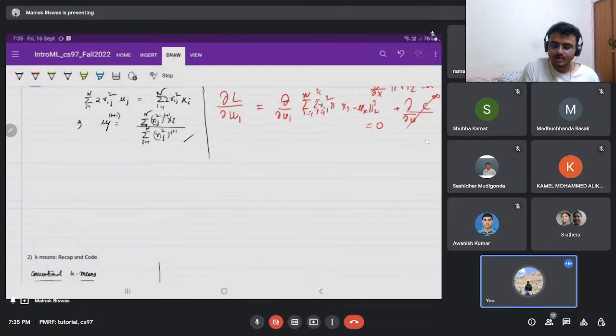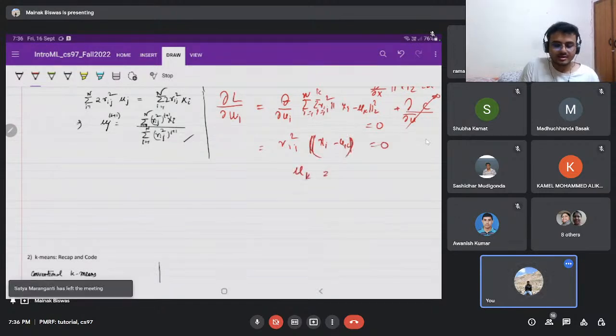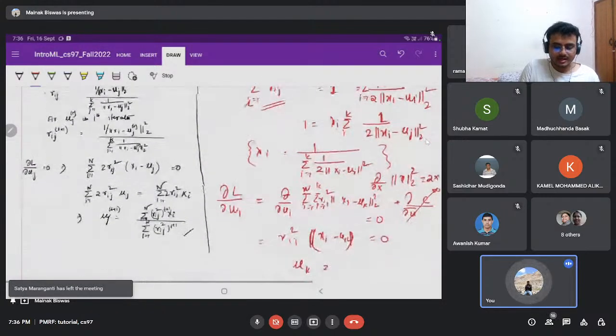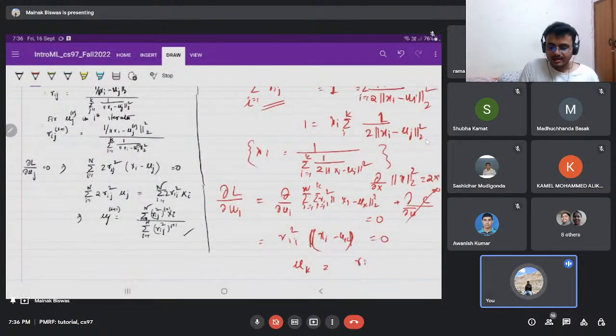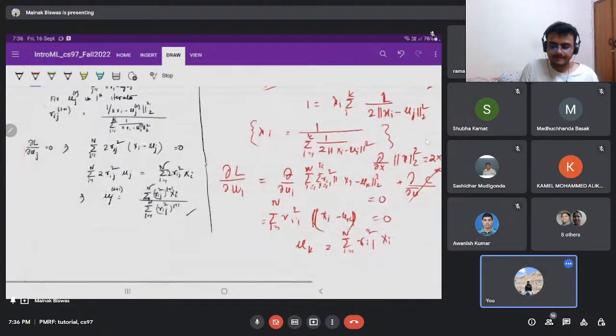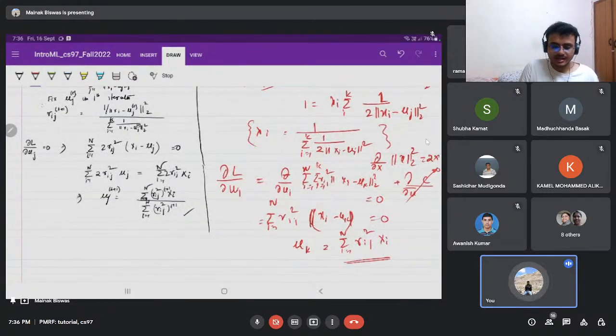So with Rij squared, you end up having Rij squared (xi minus mu k) is equal to 0. So mu k in turn you get as the summation over i equal to 1 to n of Rij squared xi. That's the thing you're getting as mu k.